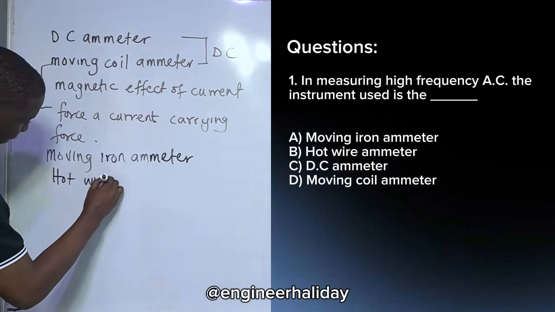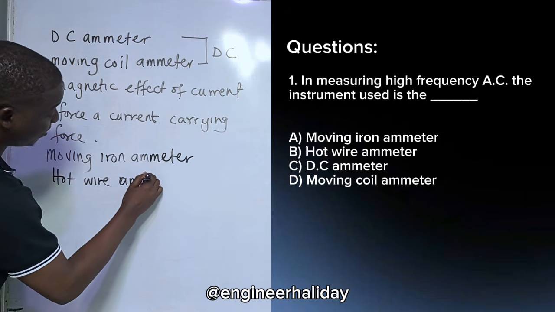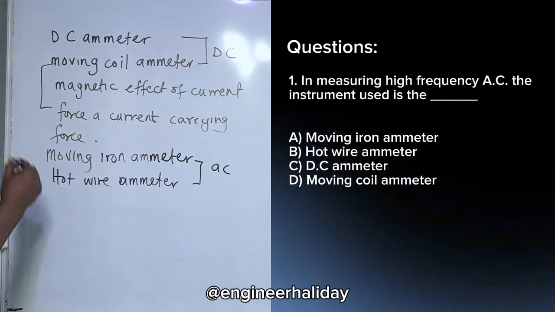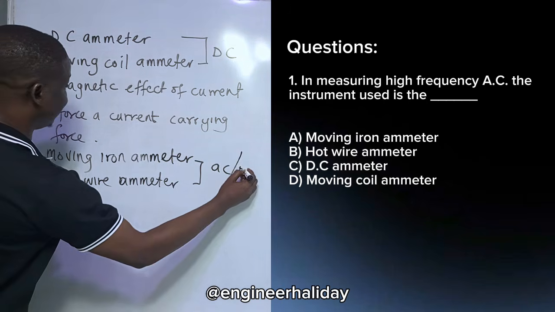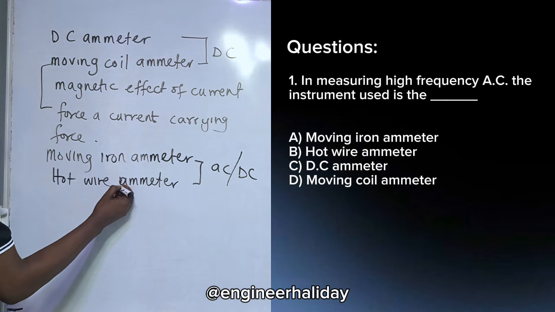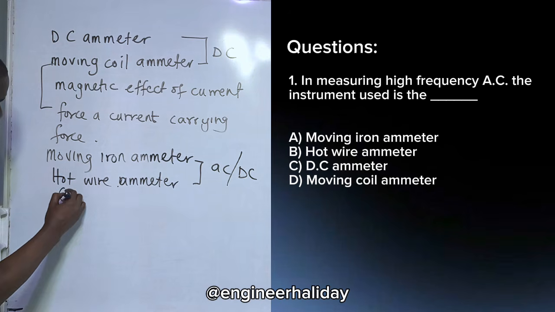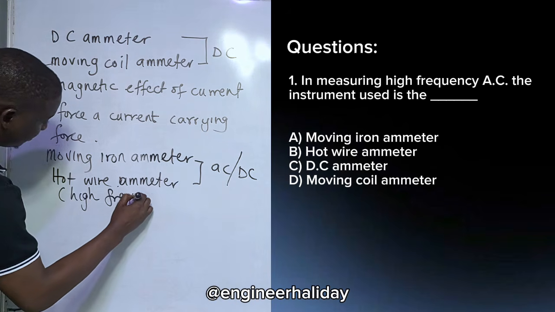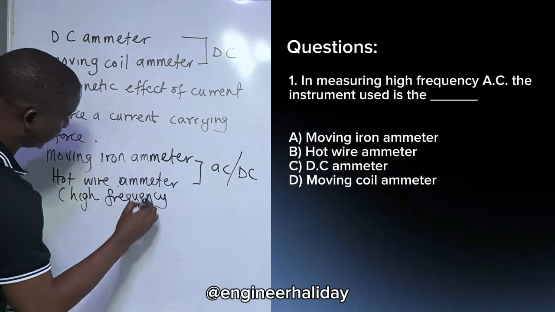The two of them can measure AC and DC. But the hot wire ammeter is an ideal instrument for measuring AC at high frequency. That is the hot wire ammeter.